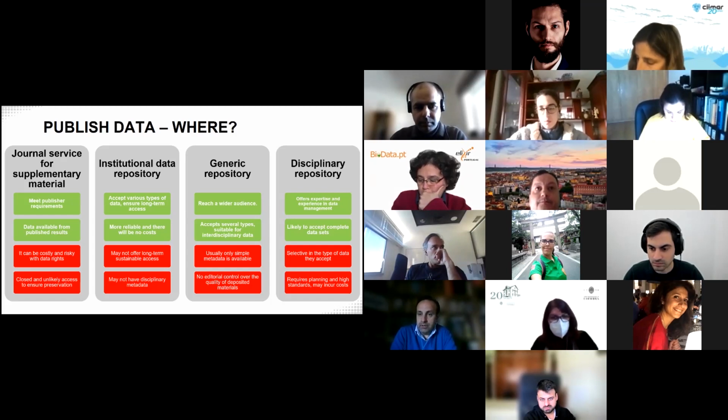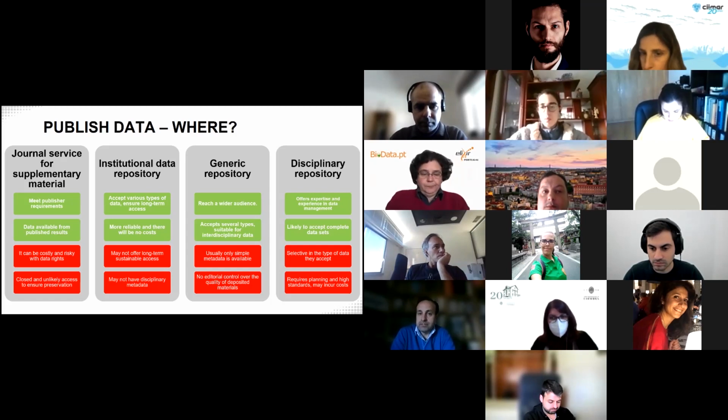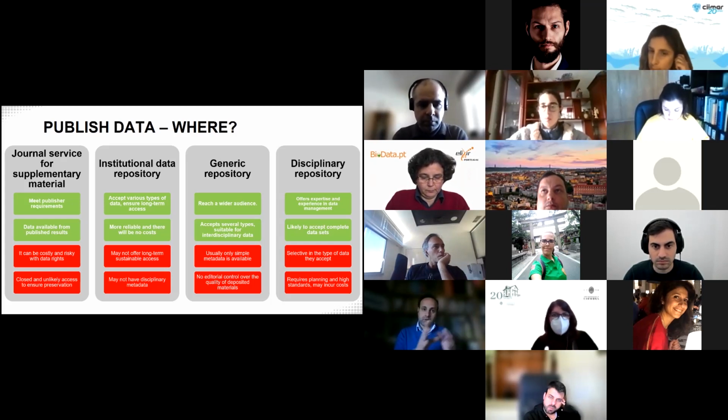And usually we need to comply with some rules, some standards, and it's not as automatic or easy as using an institutional or generic repository. So in green and red, I highlighted some pros and cons of using one of these ways to publish data.